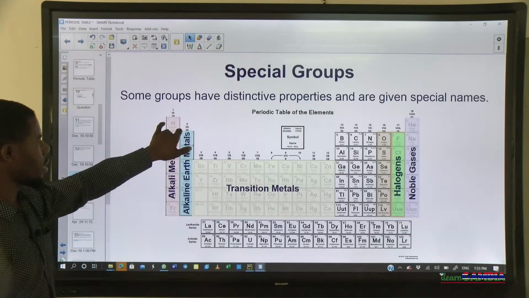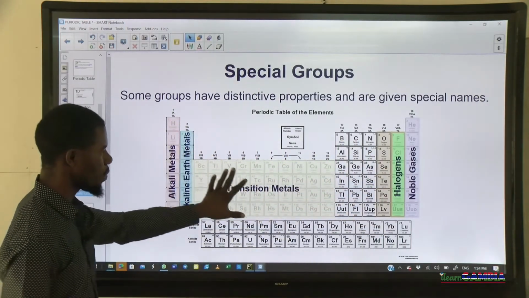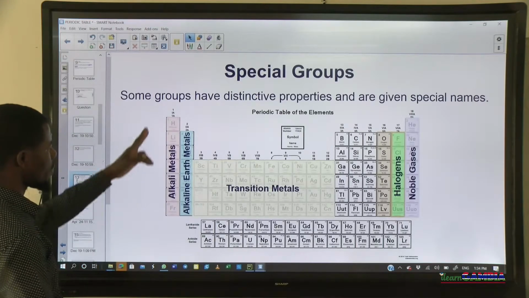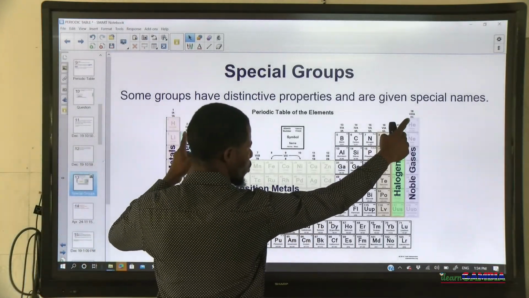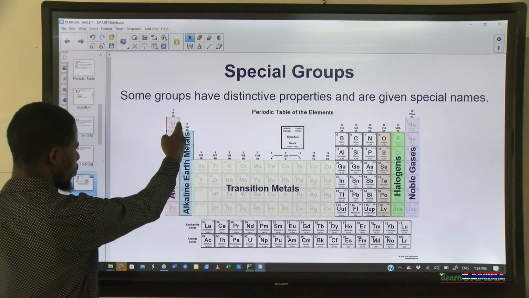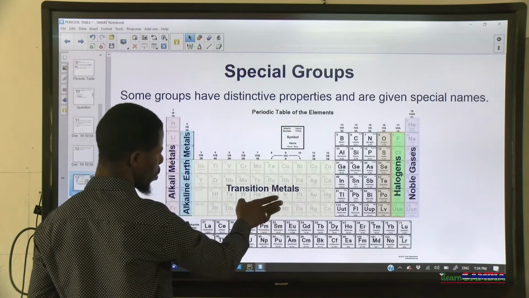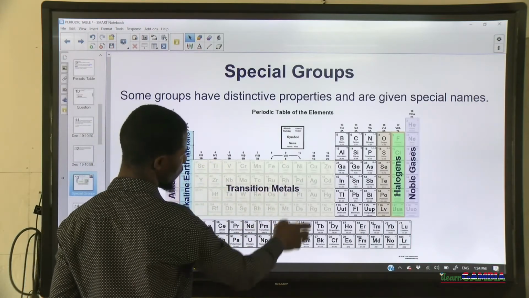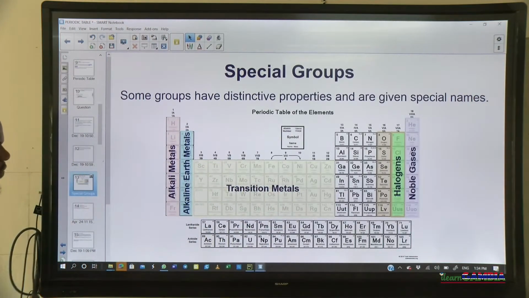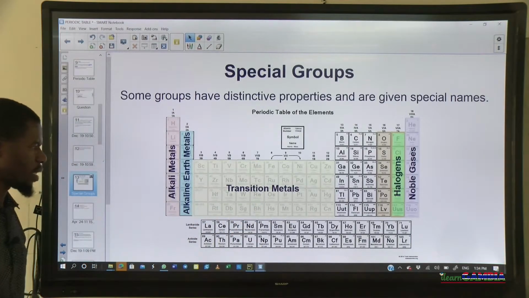Remember, we said we have 8 main groups at this level, but looking at this periodic table here, we have up to 18 groups. What makes it 18 groups? In between group 2 and group 3 of the periodic table, we have 10 vertical columns, and these 10 vertical columns are where we have the transition metals.